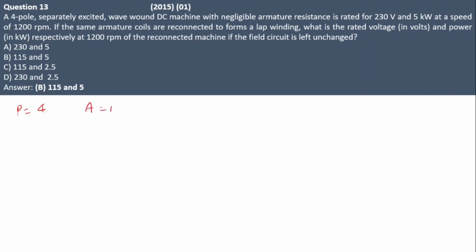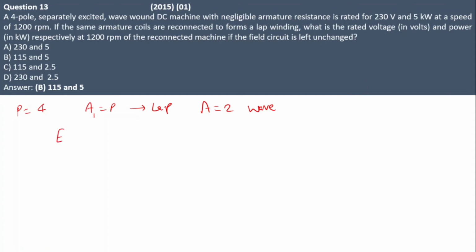So for lap, A equal to P, and A equal to 2 for wave. So actually they are reconnecting the machine from wave to lap, and they are asking what will be the changes in its terminal voltage and rating.